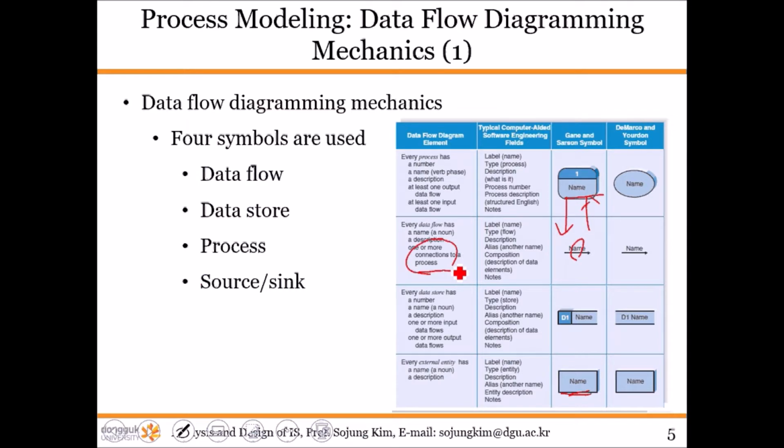A data store has a name and an ID, which is an index, with one or more input data flows and one or more output data flows. An external entity has a name as well as a description, but usually the description is hidden, so you can only see the name.